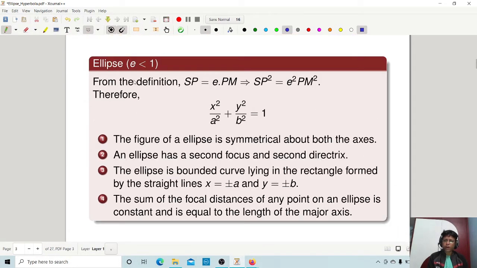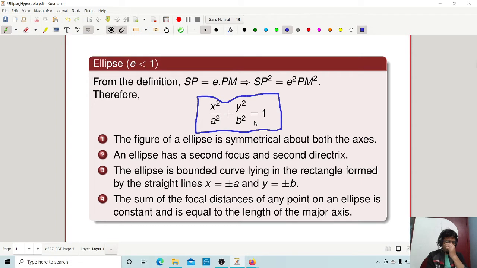Now for ellipse E less than 1, from the definition, SP equal to E times PM, or if you square, then SP squared equal to E squared PM squared. From this you will get this type of equation of the ellipse. So the equation of the ellipse is given by x squared by a squared plus y squared by b squared equal to 1. This is the equation of the ellipse.